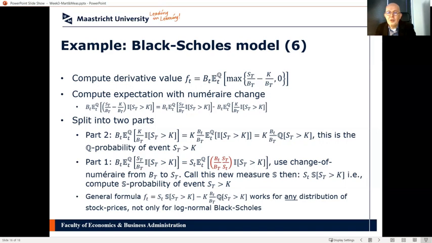For the strike, we use the martingale measure that belongs to the bank account to quantify the probability of this event. For the stock price part, we use the martingale measure that belongs to the stock as a numeraire to measure the probability of this event.